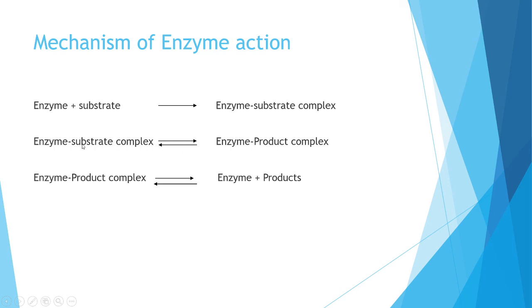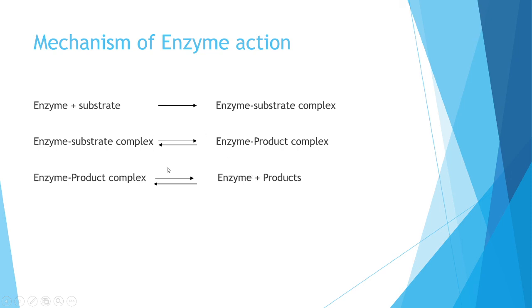And the third step is again a reversible reaction. The enzyme product complex can be changed to enzymes and products. That means it dissociates into enzymes and products. So first we start with enzyme, and here it ends with enzyme. The substrate gets changed to product.